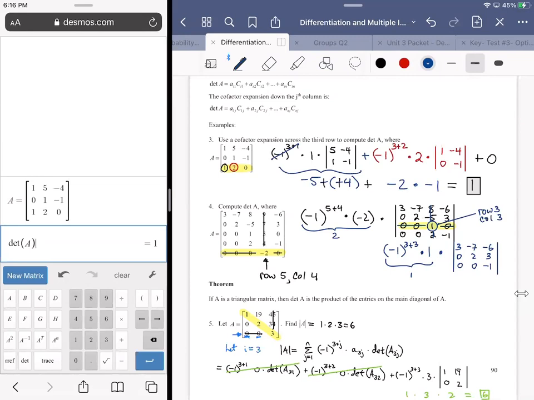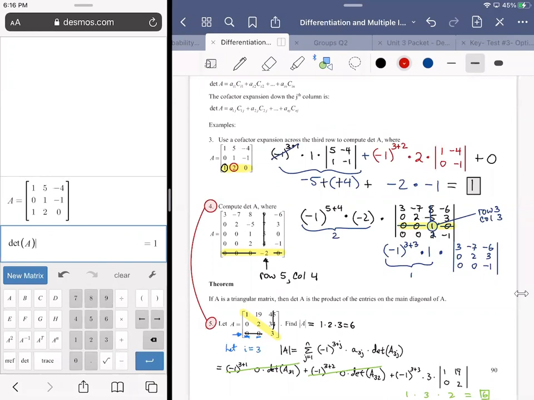Actually, I'll take it as a typo. Swap number 4 and 5, because I'm about to use the triangular matrix theorem that's in number 5 to finish up number 4. After simplifying using the cofactor expansion, we now have an upper triangular matrix.